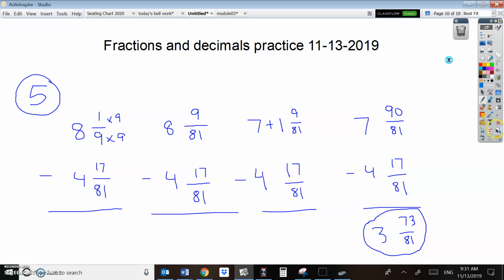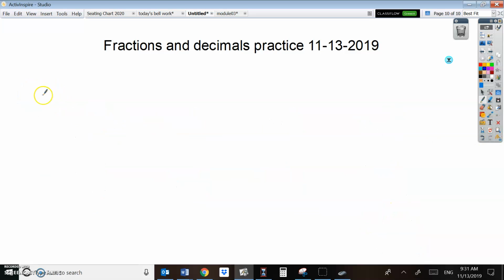Okay, here's your next problem. Problem 6. This is our 1 decimal problem. Negative 2 and 5/100ths times 4. So 205 times 4.